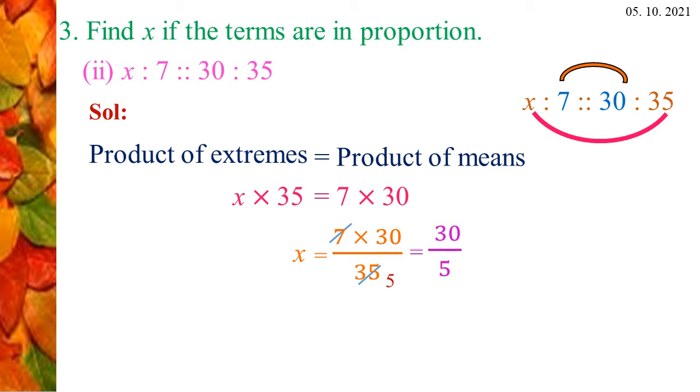So we get x equals 30 by 5. Again cancel the common factors. The common factor of 30 and 5 is 5. 1 five is 5, 6 fives are 30. So x equals 6. Therefore the x value is 6, so the first term is 6.